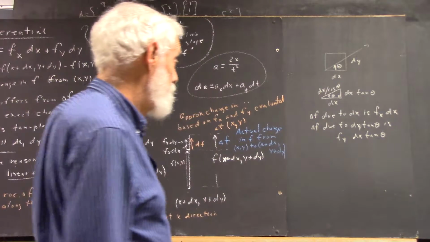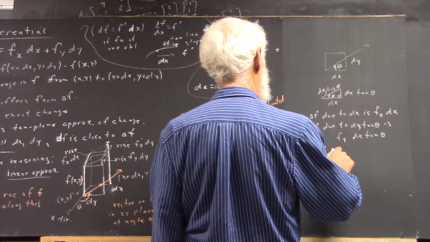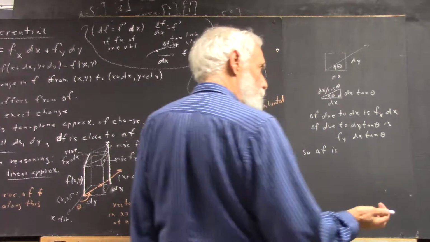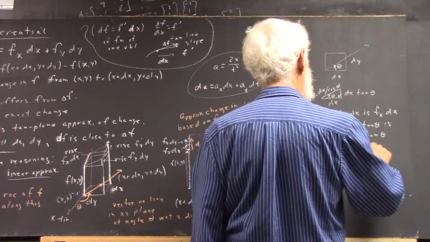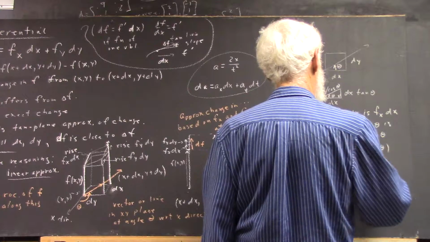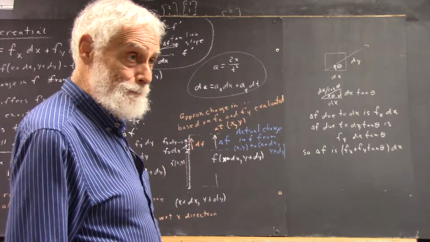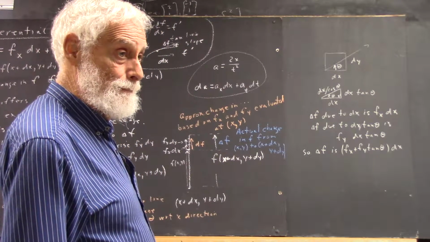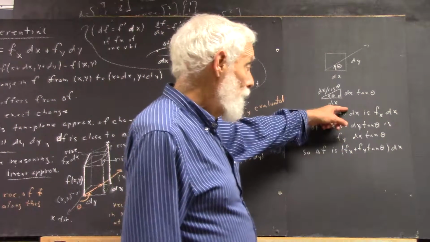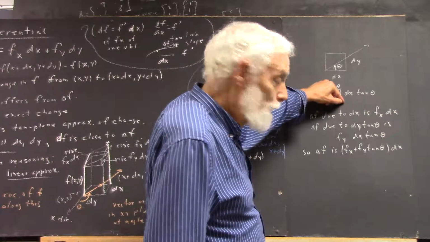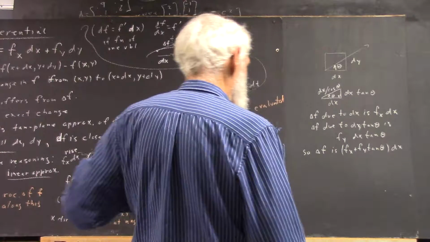Okay? So delta F is Fx plus Fy tangent theta, multiplied by dx, right? I mean, you add the change in F due to this plus the change in F due to this, right? Okay?